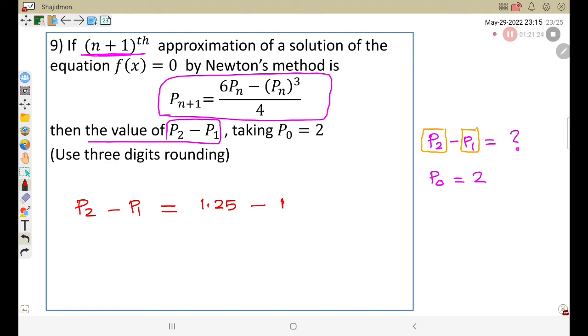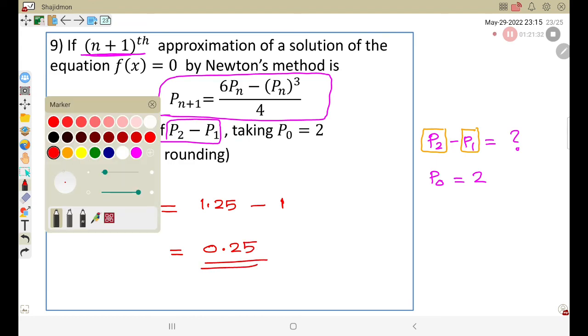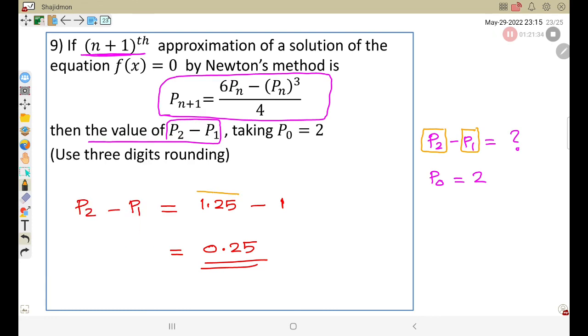So 1.25 minus 1 is 0.25. This is the answer I wrote here. These numbers you can check on the next slide. P2 minus P1 equals 0.25. So this is the answer of this question.